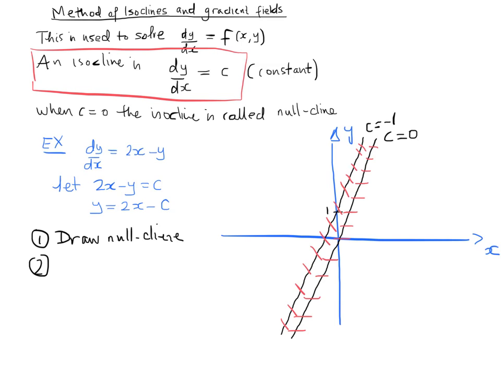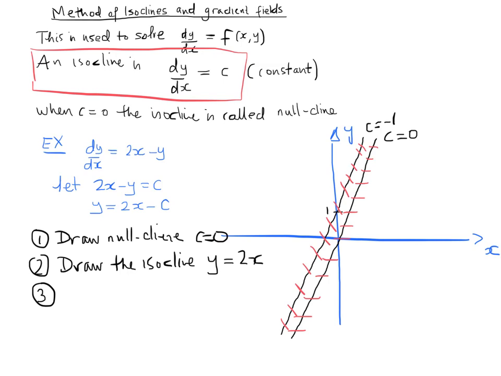So step 1 here would be c equals 0. Step 2 would be draw the isocline y equals 2x in this case.